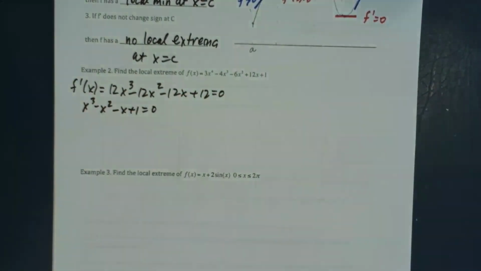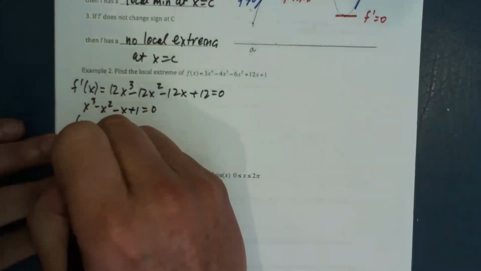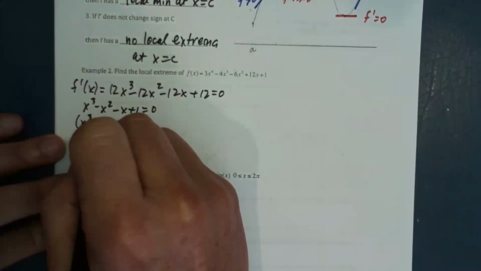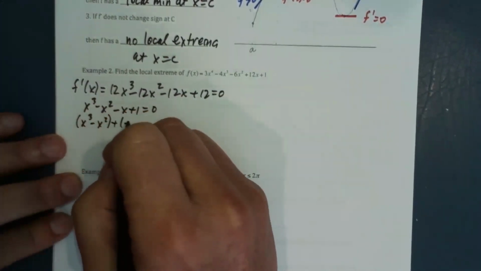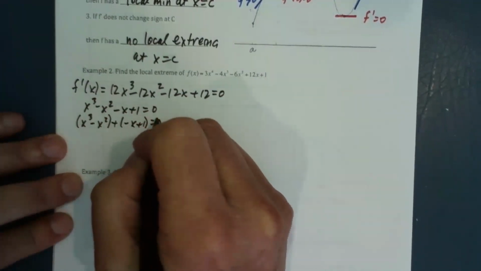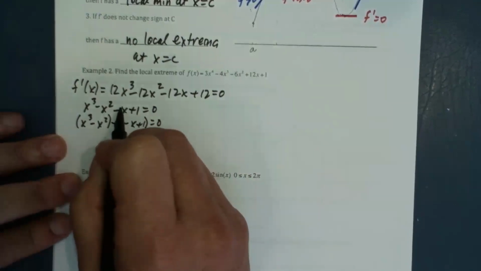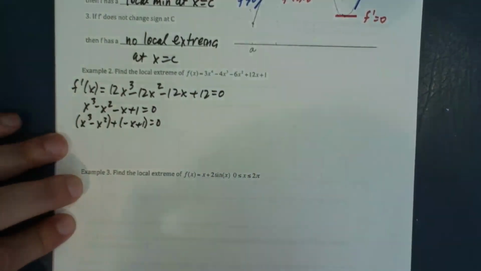And what I'm going to do, I know x cubed is a little intimidating. What I'm going to do is I'm going to factor this by grouping. Make sure you do the plus the negative. If you just put parentheses around there, that changes the meaning.